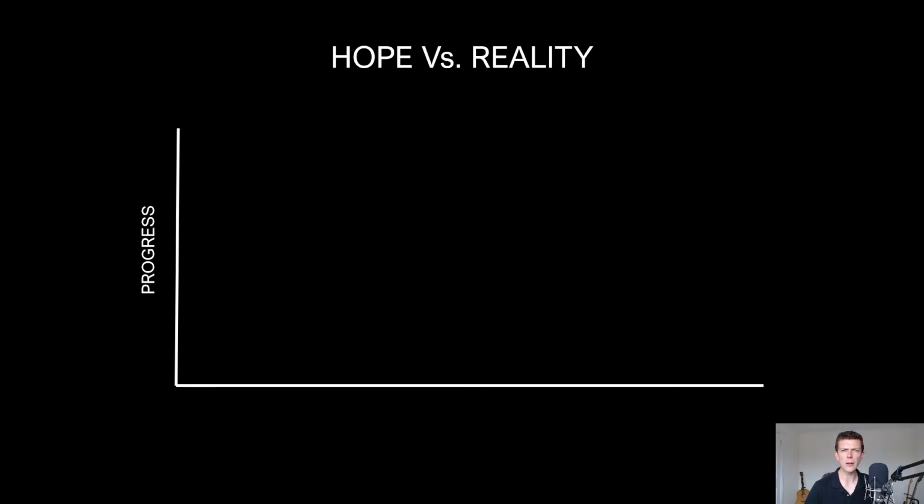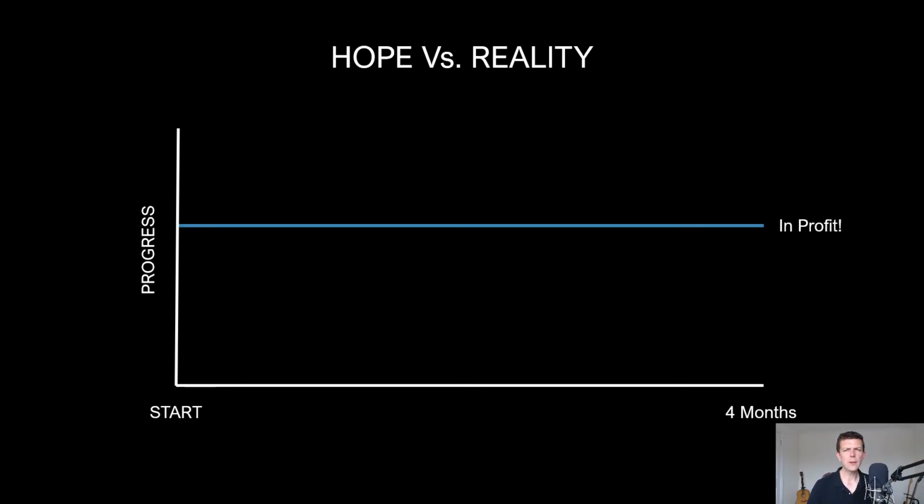Here's your progress on the vertical axis, and you're starting here on the horizontal axis, and then let's take 4 months. So you're moving along the horizontal axis from the start to 4 months through time. Once you cross this line up the progress axis, you're going to be in profit. So this is what you hope.